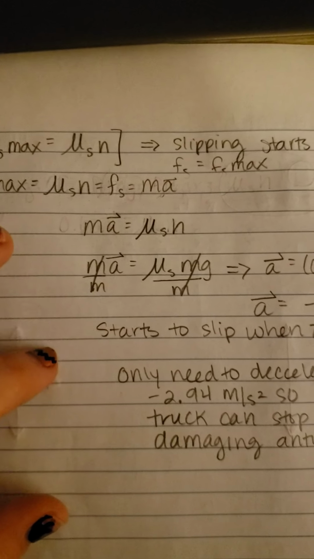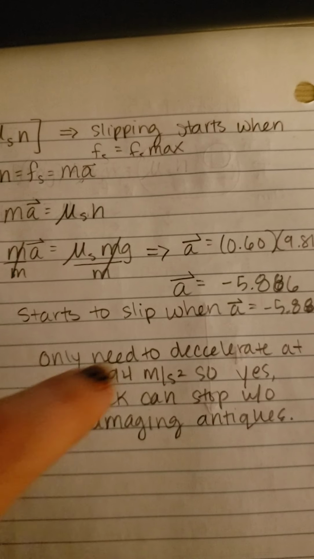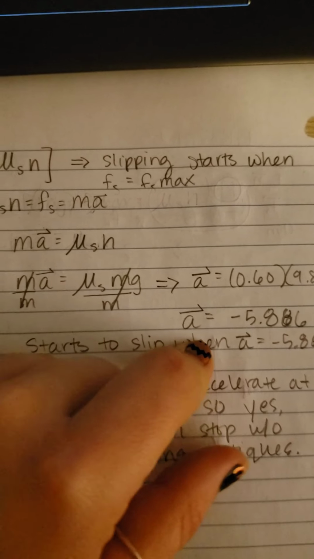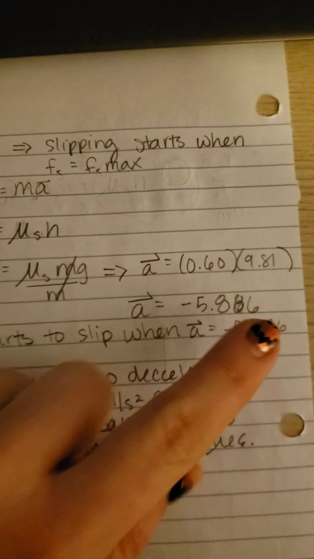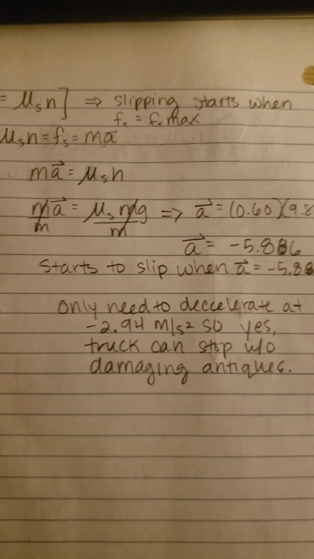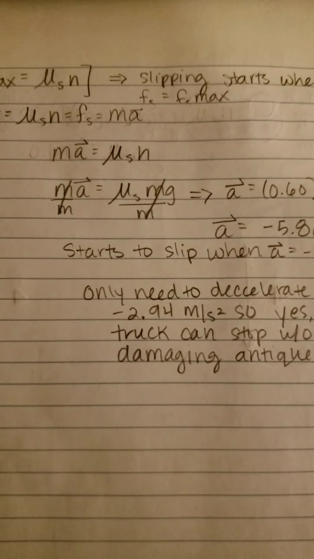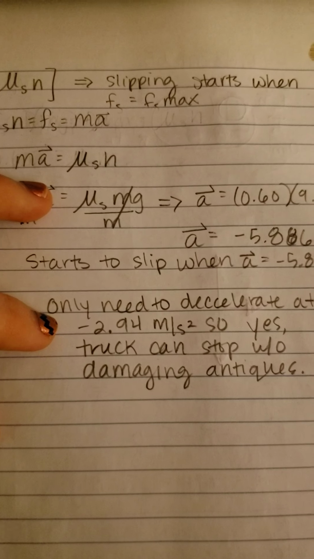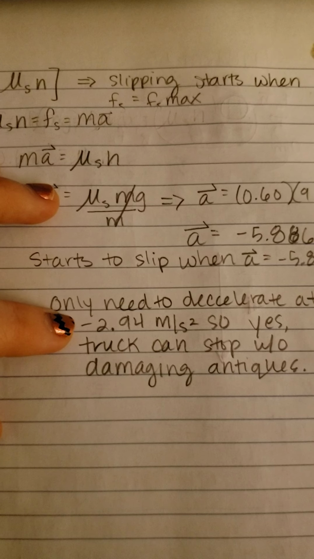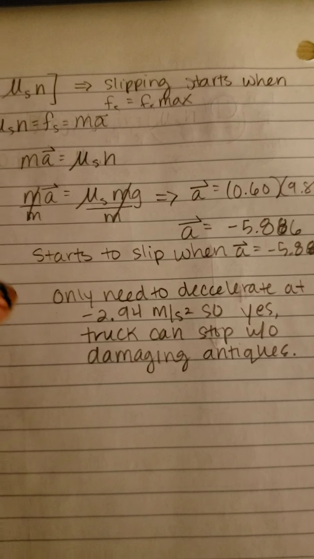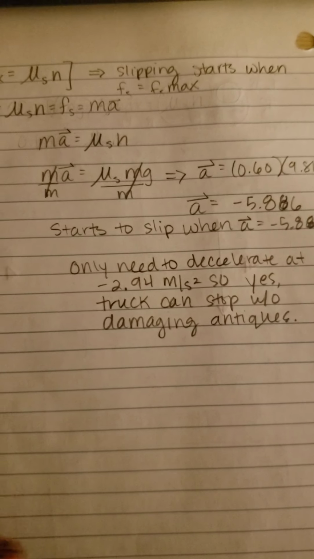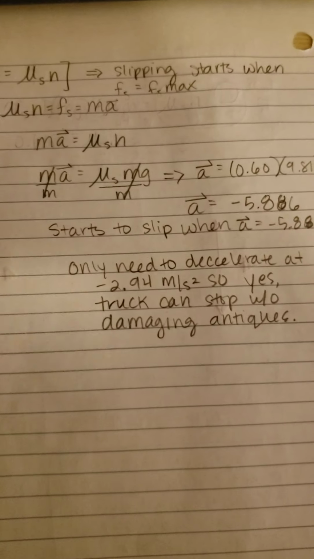So like I said, same strategy. So the deceleration that would cause the slipping would be negative 5.886. And from part A, we know that we can stop before the hole if we're decelerating at negative 2.94 meters per second squared. So yes, we can indeed stop without damaging those antiques.